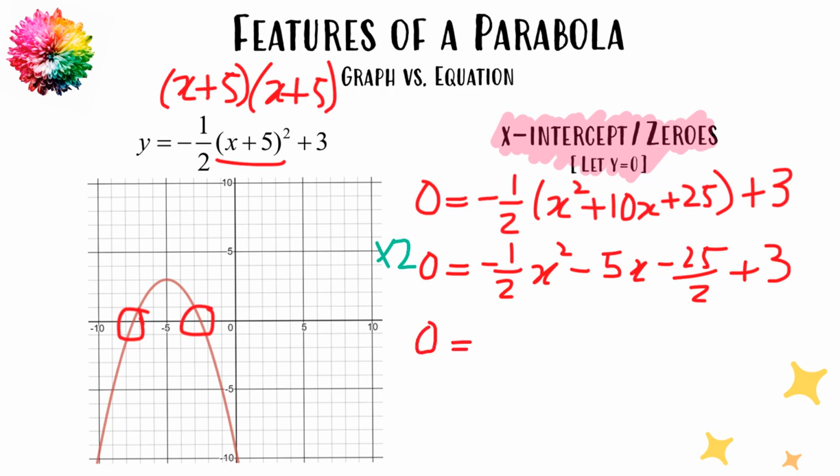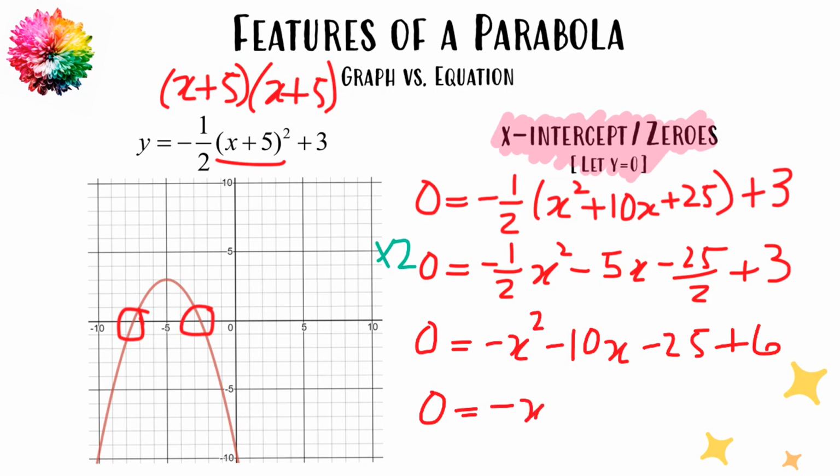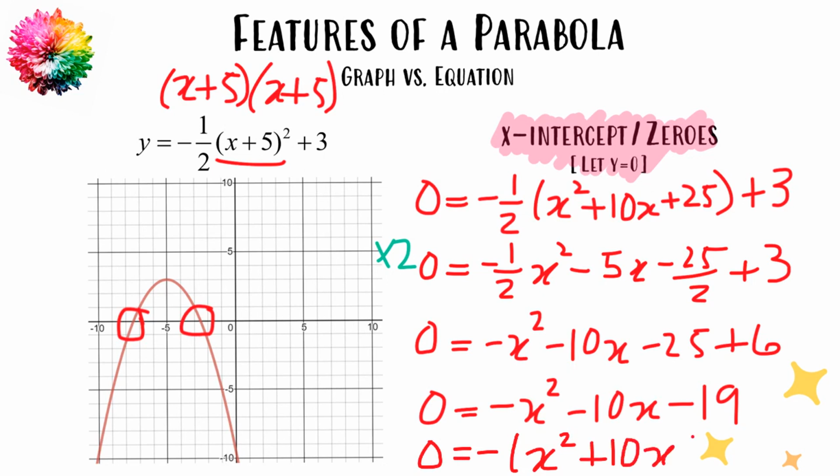And when I do that, I end up getting negative x squared minus 10x minus 25 plus 6. And let's just clean that up a little bit. It's going to be negative x squared minus 10x minus 19. And I want this to look like a trinomial, so I'm going to factor out the negative sign. It's going to be x squared plus 10x plus 19.